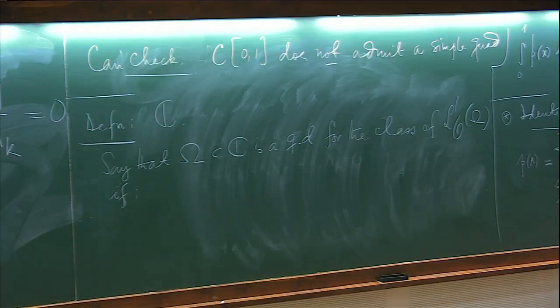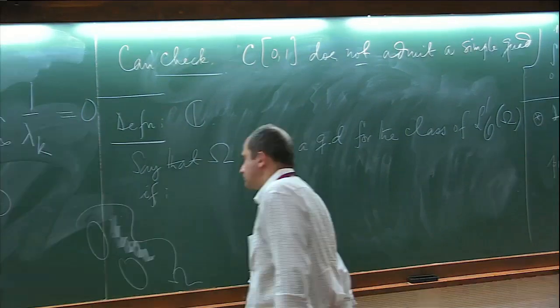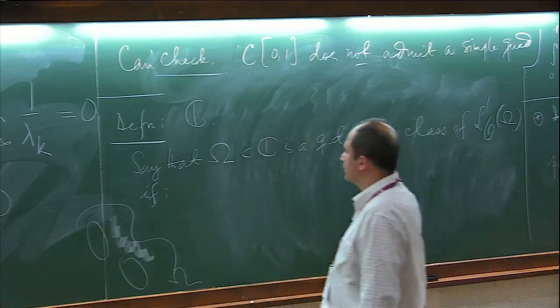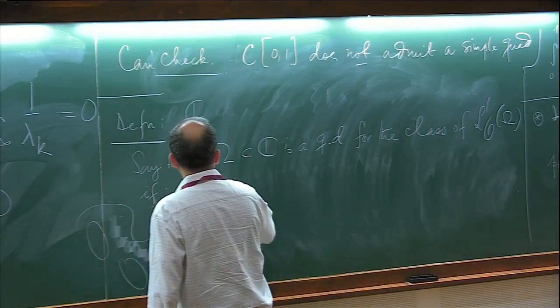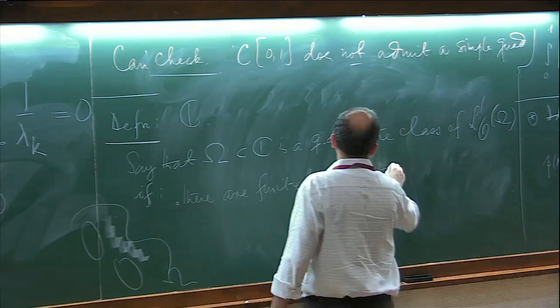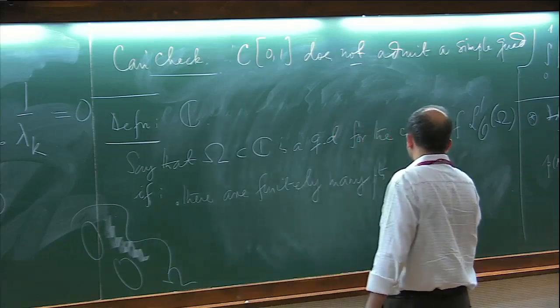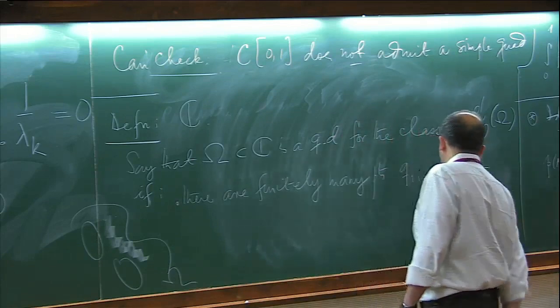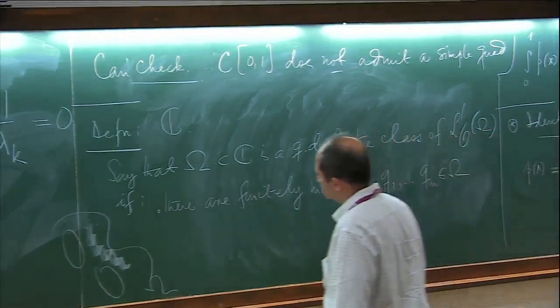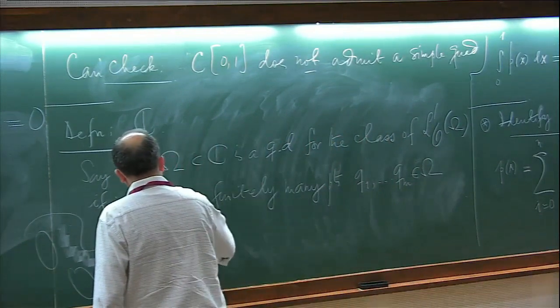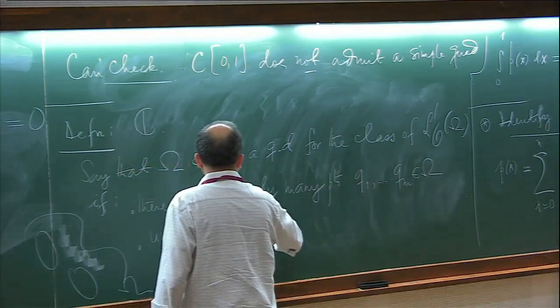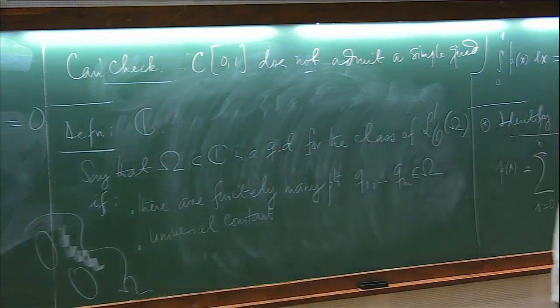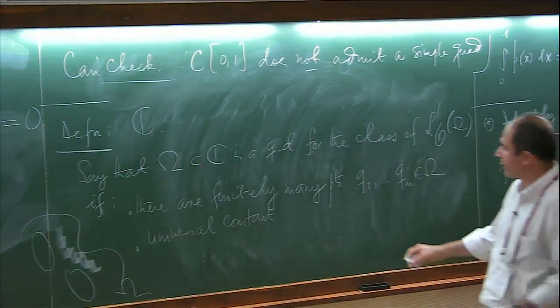Here is my domain. If number one, there are finitely many points, say q_1 up to q_m in my domain omega, and universal constants, what did I call my constants?